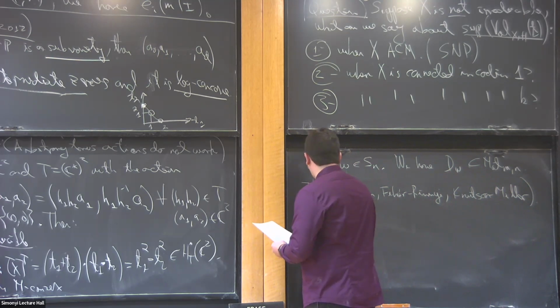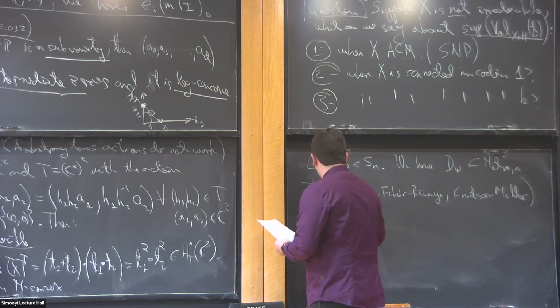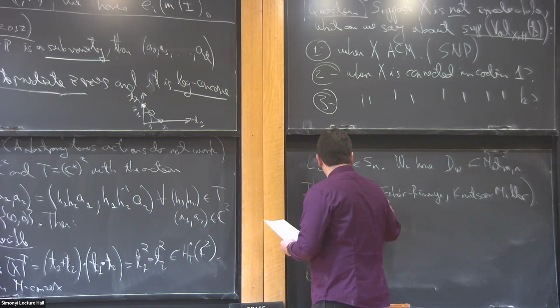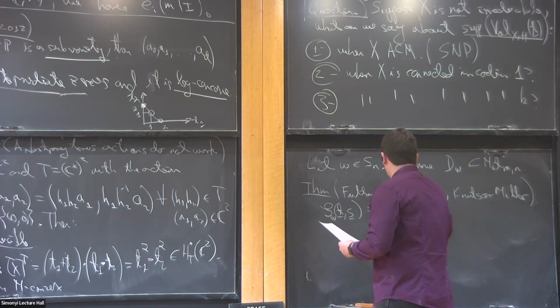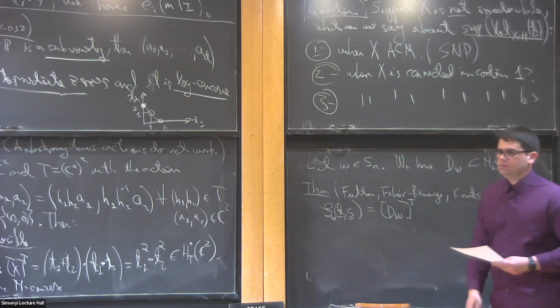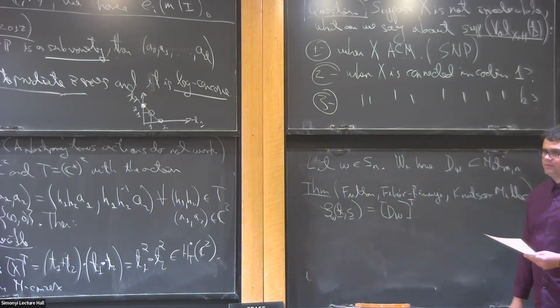We have that the double Schubert polynomial will be equal to the torus-equivariant class of this matrix Schubert variety.